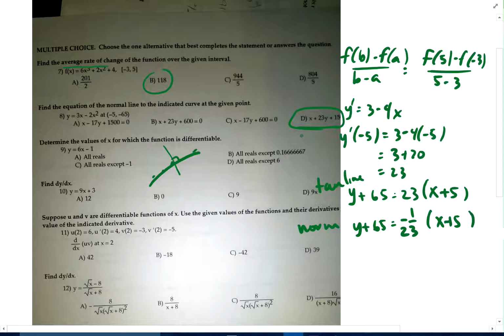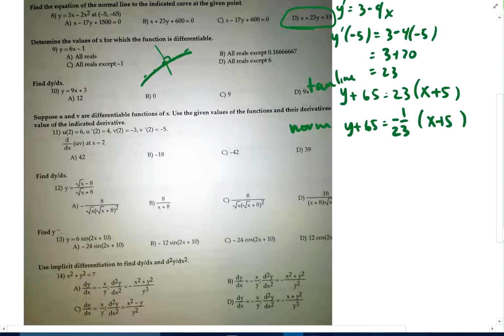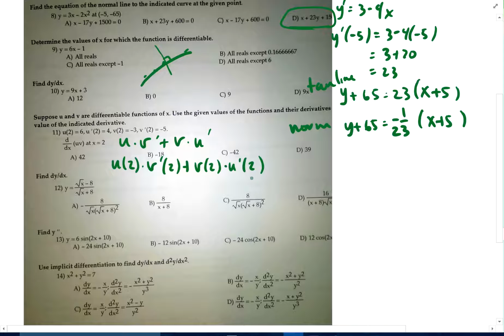All right, look at number 11. U and v are differentiable functions. Find the derivative of uv. Well, that's just the product rule, so that's first times the derivative of the second plus the second times the derivative of the first. And we want it at 2, so it's going to be u of 2 times v prime at 2 plus v of 2 times u prime at 2. I just wanted you to remember the product rule in this kind of different notation.